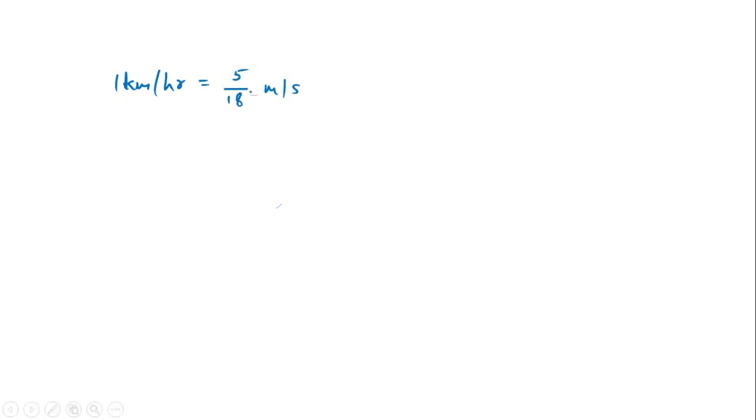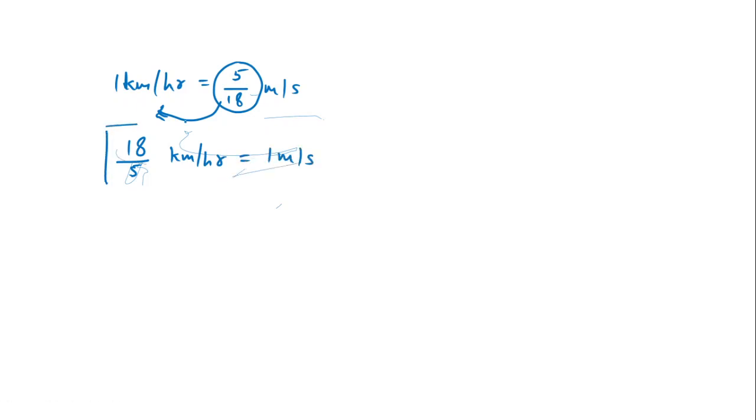And the reverse is also true. If we have to convert meter per second into kilometer per hour, then what will we do? We have this conversion factor, we will cross multiply it to the other side. We will get 18 divided by 5 kilometer per hour is equal to 1 meter per second.